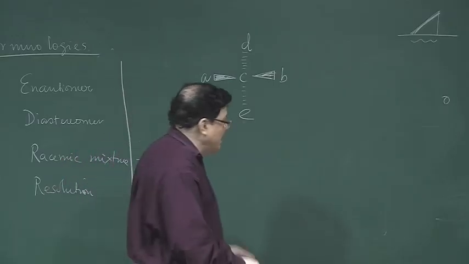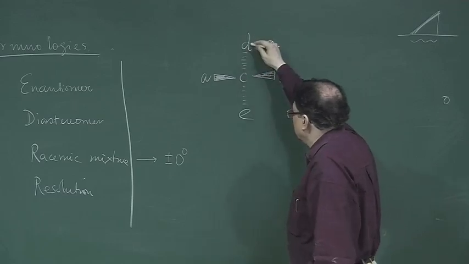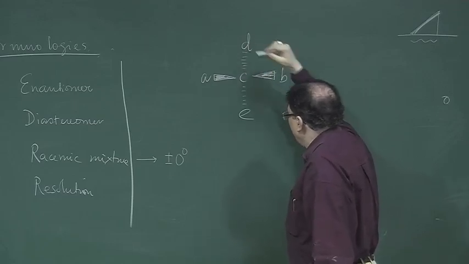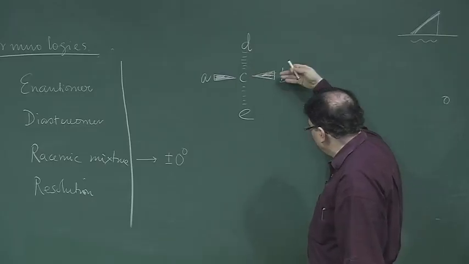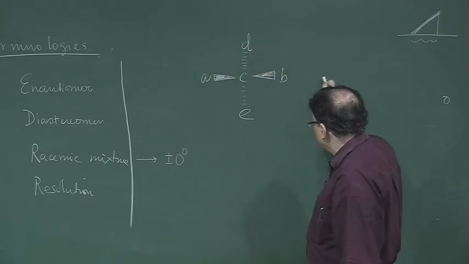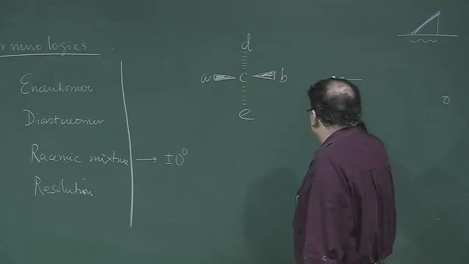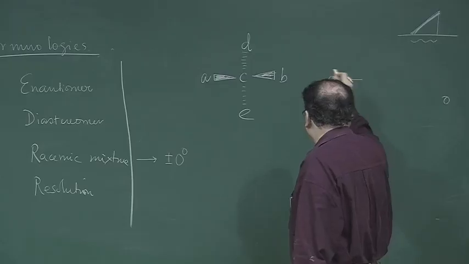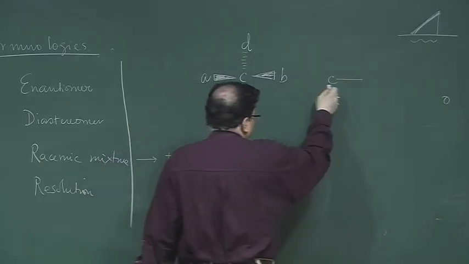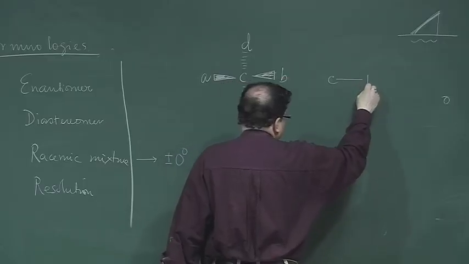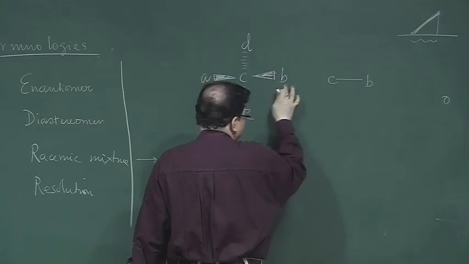Okay. Now, what do I do? I draw the projection of these bonds onto the plane of the board. When I draw the projection, this will go down and I get a simple line like this. For the moment we keep the carbon, but in Fischer projection carbon is not shown. This is the projection of B, the bond connected to this carbon.